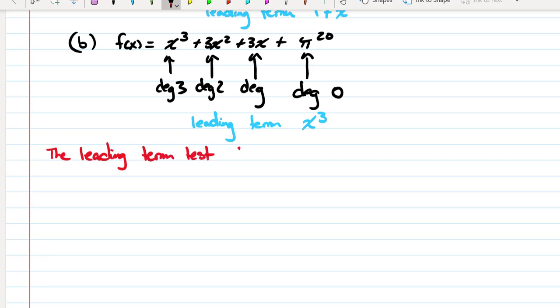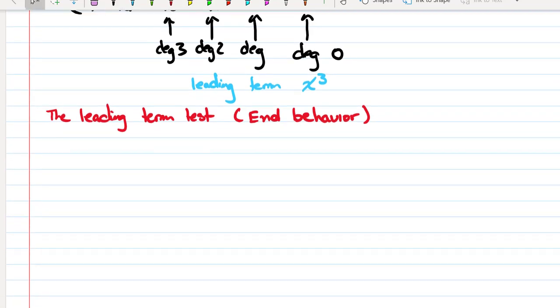And the leading term test tells us about the end behavior. So if you're ever asked to describe the end behavior of a polynomial, the leading term test is the tool that you're going to need to use. So the leading term test states the following.